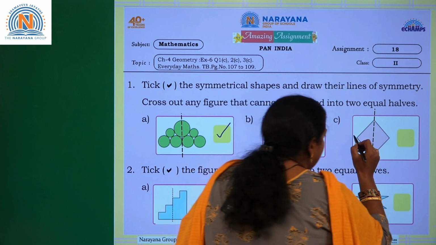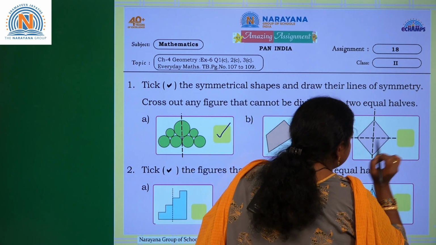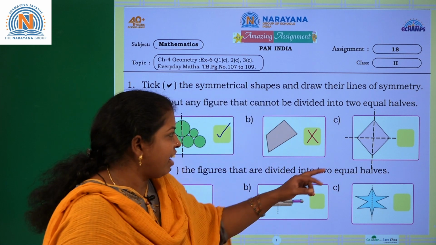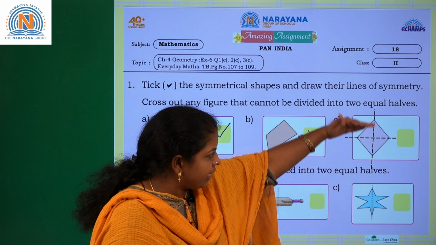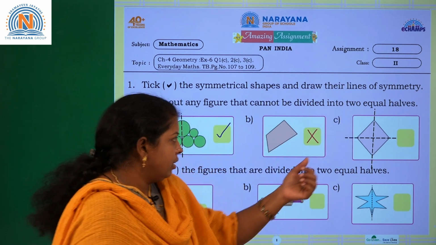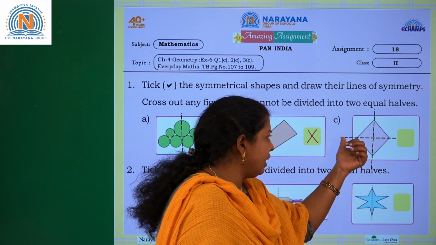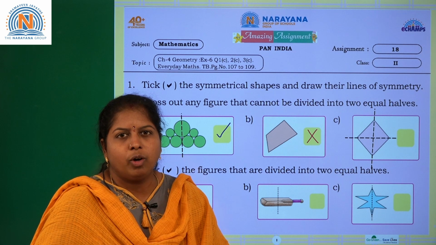Now I am going to take one more line like this. Can you have a look at two equal halves on top and bottom side, right? Both sides, it looks the same. So vertical line of symmetry and horizontal line of symmetry, these are for this figure. What can you say?